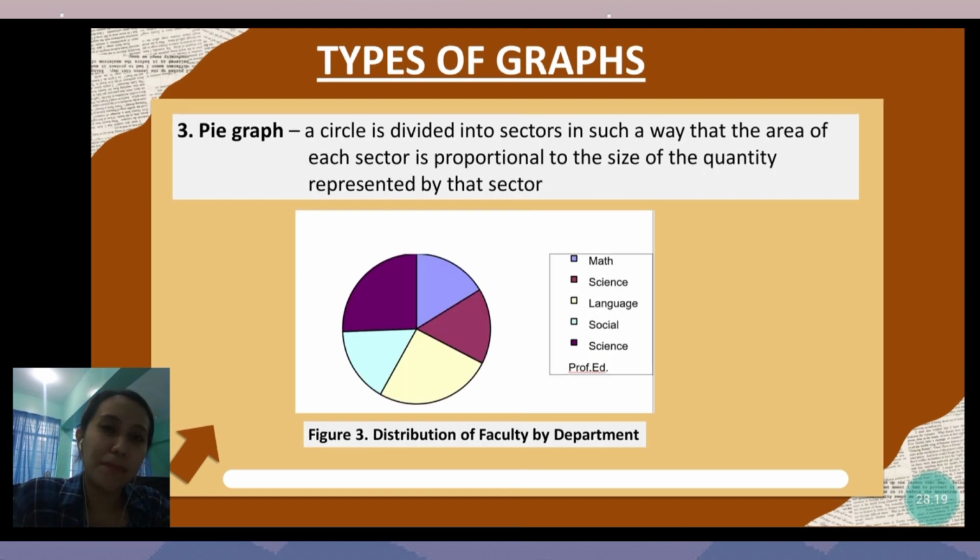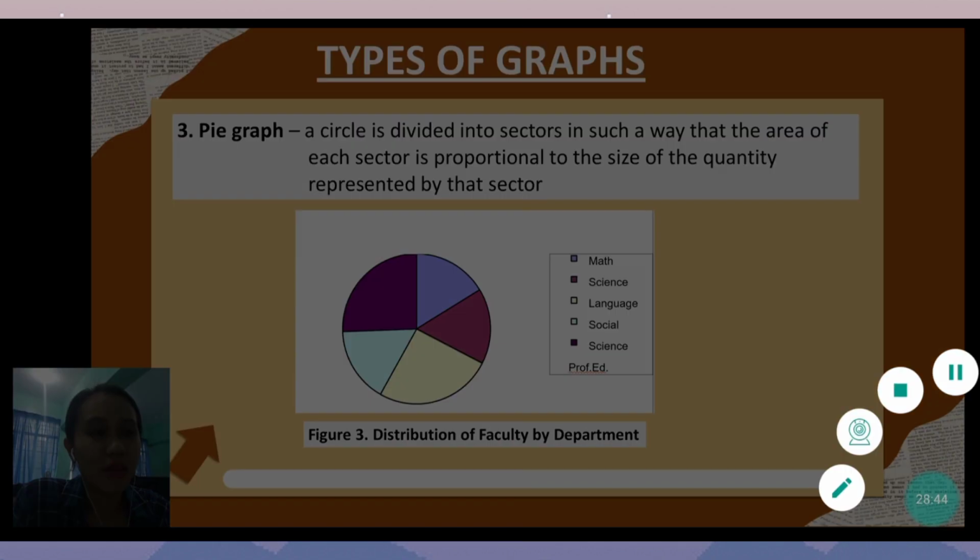Third one is a pie graph. It's a circle divided into sectors in such a way that the area of each sector is proportional to the size of the quantity represented by that sector. This graph is the distribution of faculty by department. Based on the table, there are certain legends here on the right side.